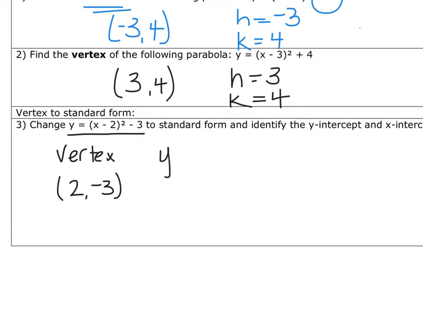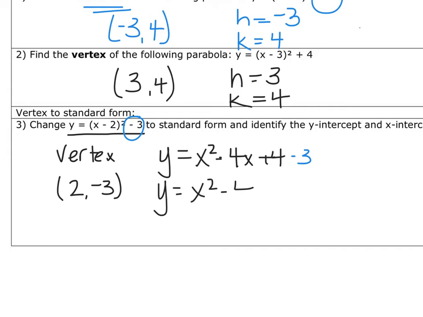So when we change this to standard form, x minus 2 squared, we're going to do first, and that's going to give us x squared minus 4x plus 4, and we'll bring down that minus 3. Then when we combine like terms, we get x squared minus 4x plus 1. So that is the standard form and the vertex form of the same parabola.